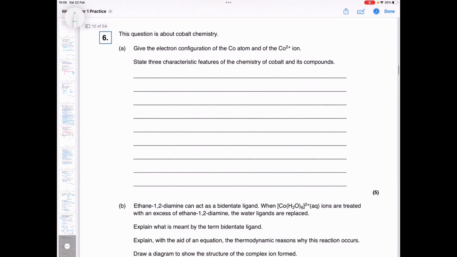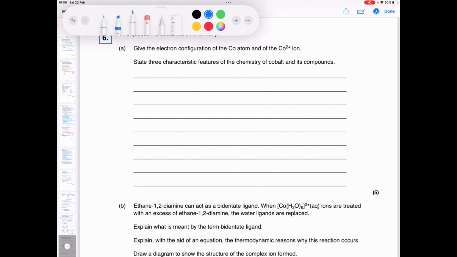Question 6. This question is about cobalt chemistry. Give the electron configuration of the cobalt atom and of the cobalt 2+ ion. State 3 characteristic features of the chemistry of cobalt and its compounds. So we could write this. We look on the periodic table and you count along the D block.